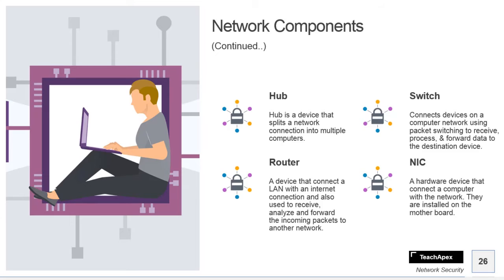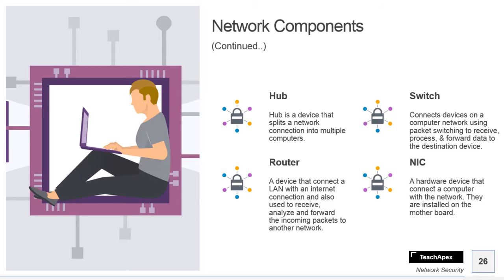So if you are using a hub in your network, that is vulnerable. If a hacker is also connected to your hub, in your network, it will definitely broadcast the connection, the request, and the packets.